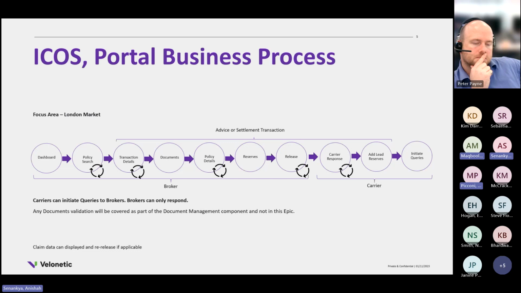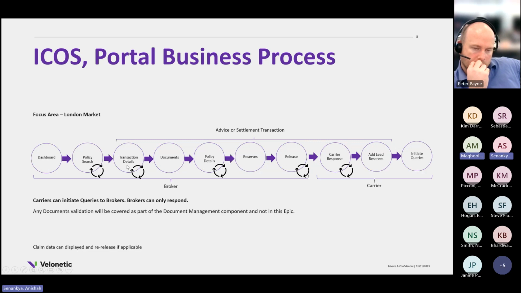Just a quick overview of the business process. The broker starts the journey. They will have access to ICOS and be presented with the dashboard, and then go through the different tabs or screens such as policy search.